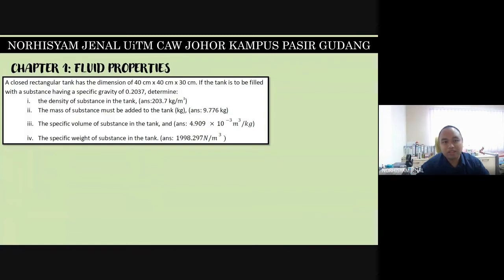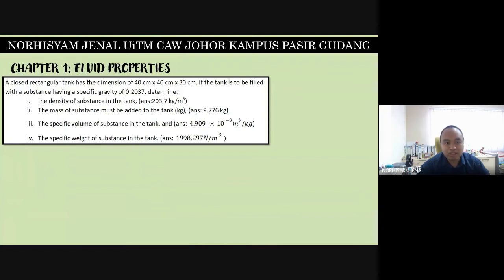A closed rectangular tank has the dimensions of 40 cm by 40 cm by 30 cm. If the tank is to be filled with a substance having a specific gravity of 0.2037, determine the density, the mass of substance, the specific volume, and the specific weight.